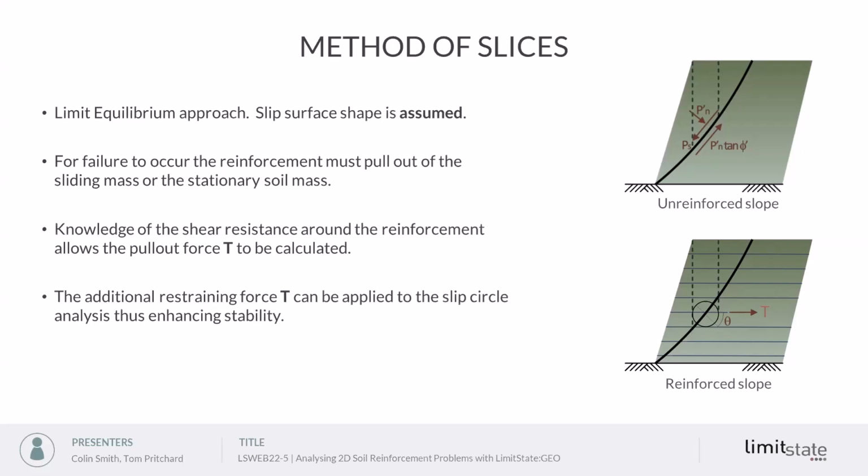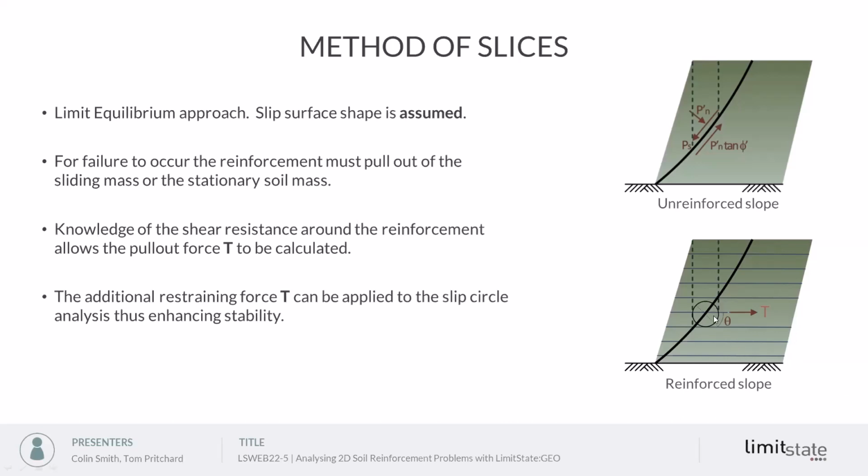Where we have a reinforced soil body, in the lower diagram, what we have in addition is reinforcement elements at various levels that intersect that hypothetical slip surface. In terms of the stability of this slice of soil that sits above the slip surface, denoted by these dashed lines, where we have a reinforcement element, in order for failure to occur, that reinforcement is going to have to pull out of the sliding mass or pull out of the stationary mass.